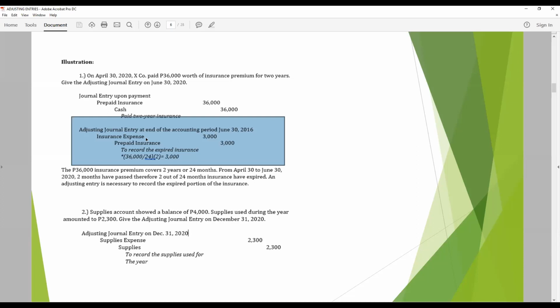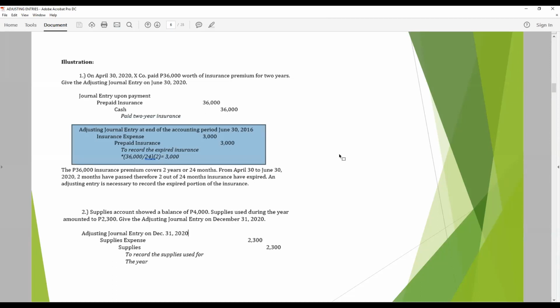Kapag understated ang expense nyo, overstated ang profit nyo for the year or for the period. Ganon. So kailangan i-adjust yung books nyo para correct ang accounting records or it reflects the true condition of the business.